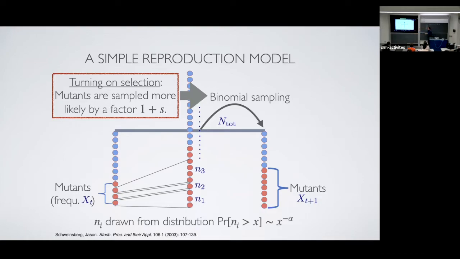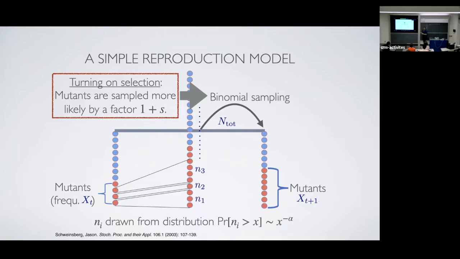So effectively, I binomially sample from this intermediate step with a success probability given by the fraction times 1 plus s. And that's how we introduce selection. The question is what happens over time with and without selection. Is that model clear? Any questions? Okay.